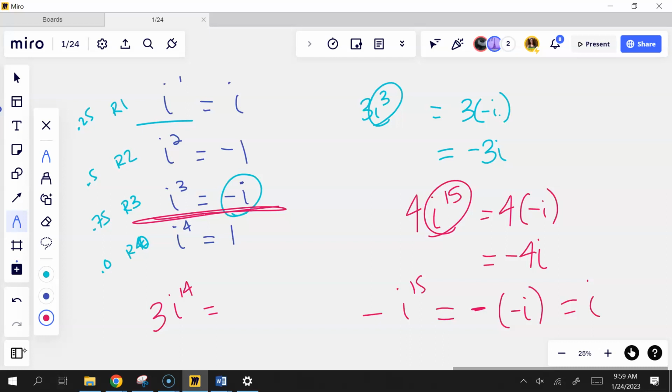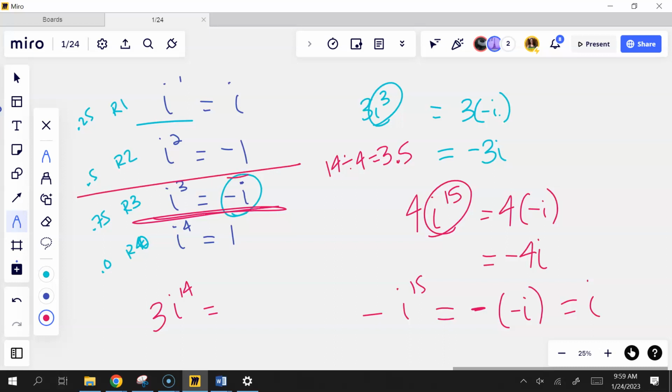14 divided by 4 is what? 4. So it would be a remainder of 2. 4 goes into 14 3 times, 3.5.